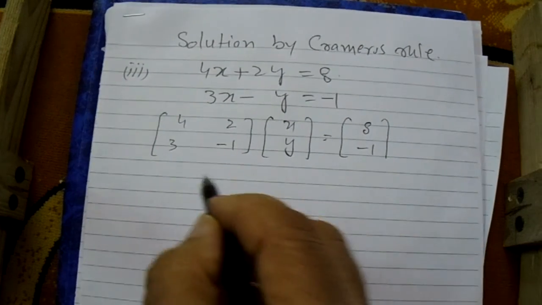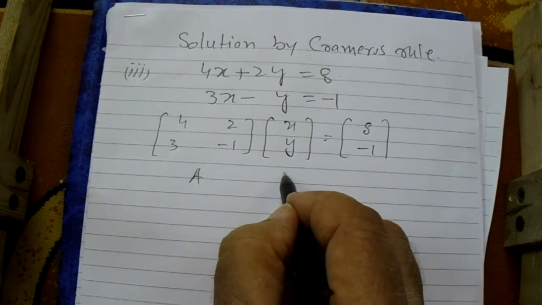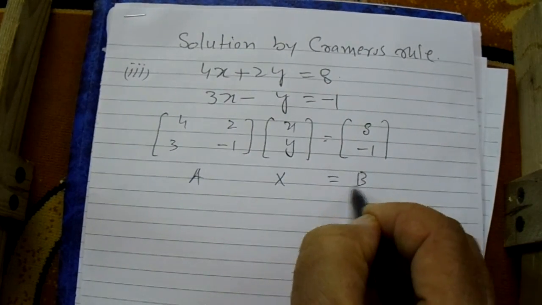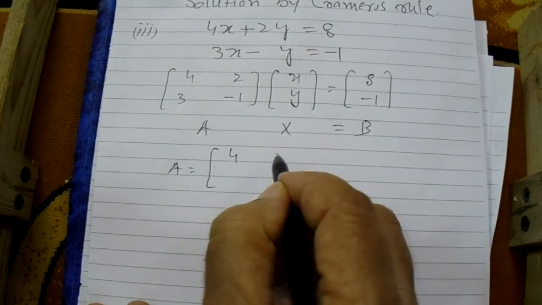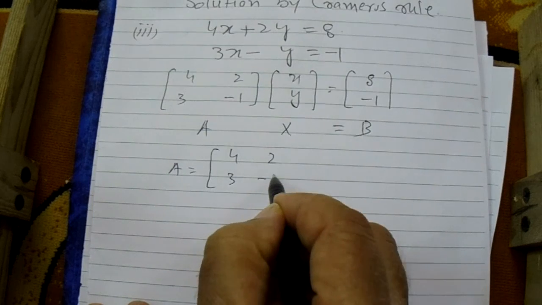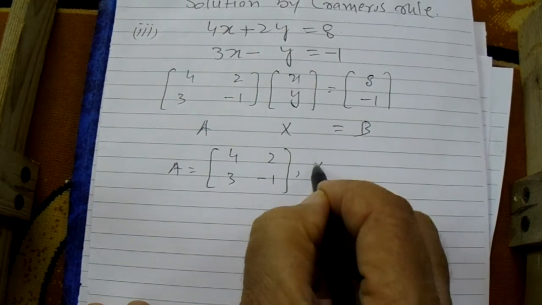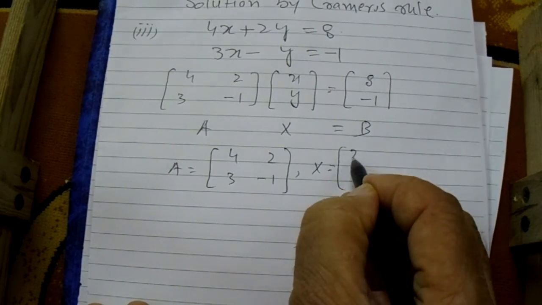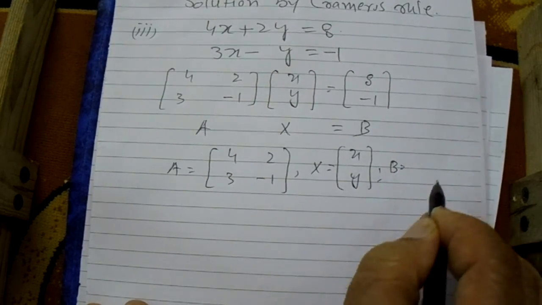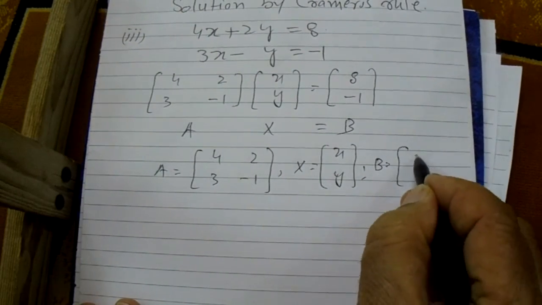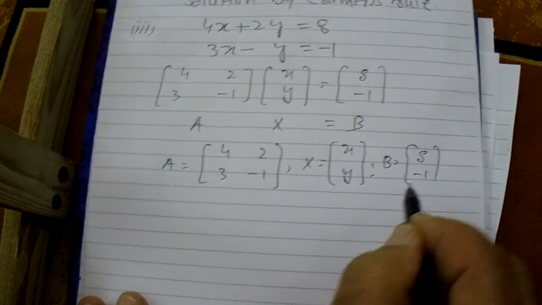Now this is our A, this is our X, this is our B. We write separately. A matrix is [4 2; 3 -1], X is [x; y], and B is [8; -1].